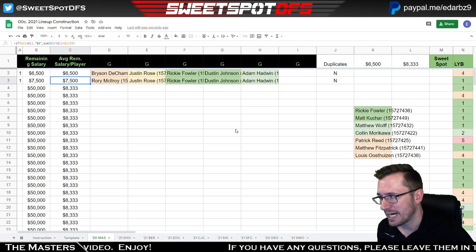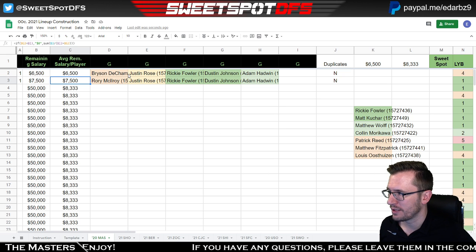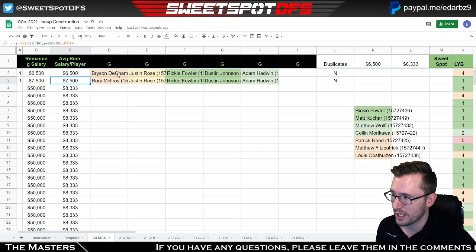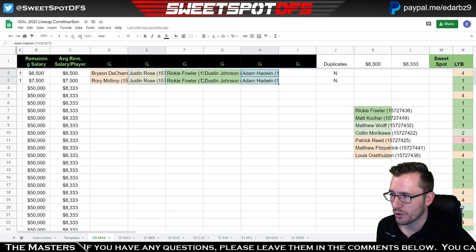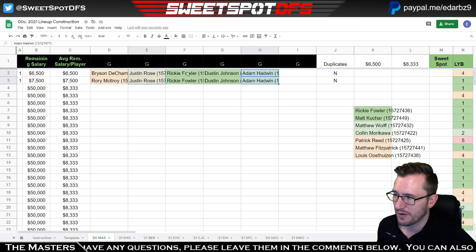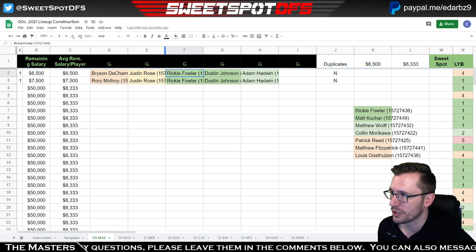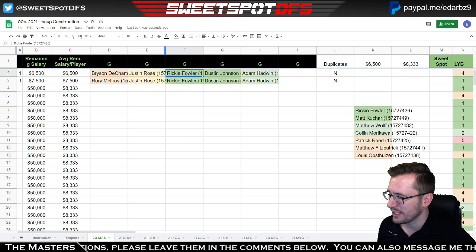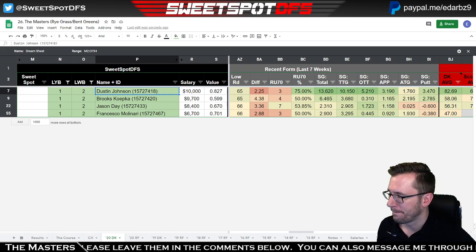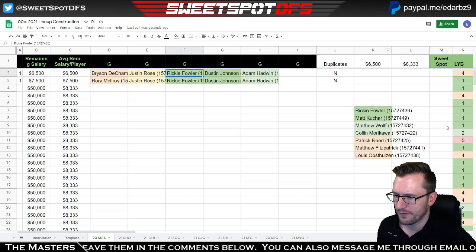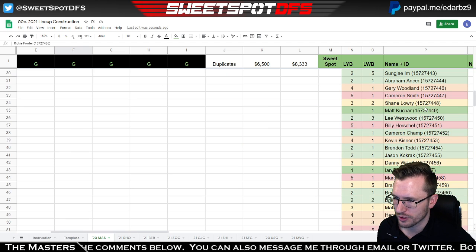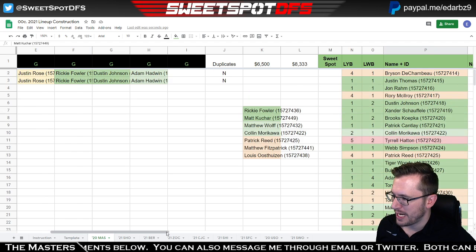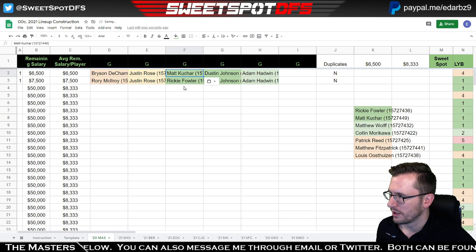So I kind of like Rory a little bit better than the Bryson route. We really can't get cheaper with our 3-1s or our 2-1s, so we would have to make some kind of sacrifice with, say, Ricky Fowler, which we could easily do is change from Ricky Fowler to Matt Kuchar. I'm just going to grab Matt Kuchar just to make this a little bit doable.